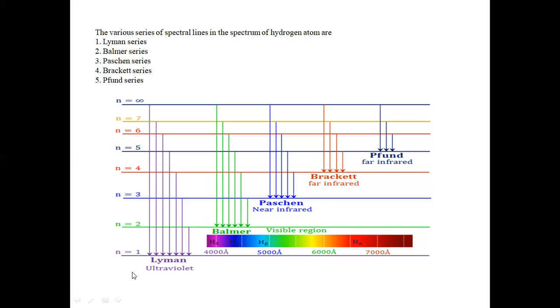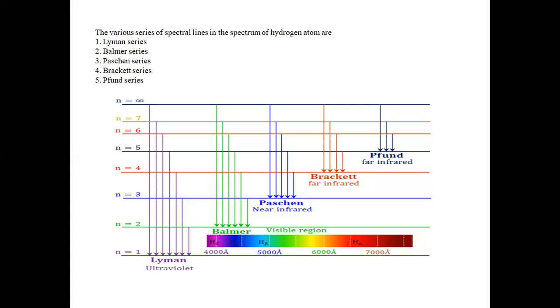During each electronic transition, energy is released. The energy which is released appears in the form of radiation. That radiation will have a specific frequency and specific wavelength.